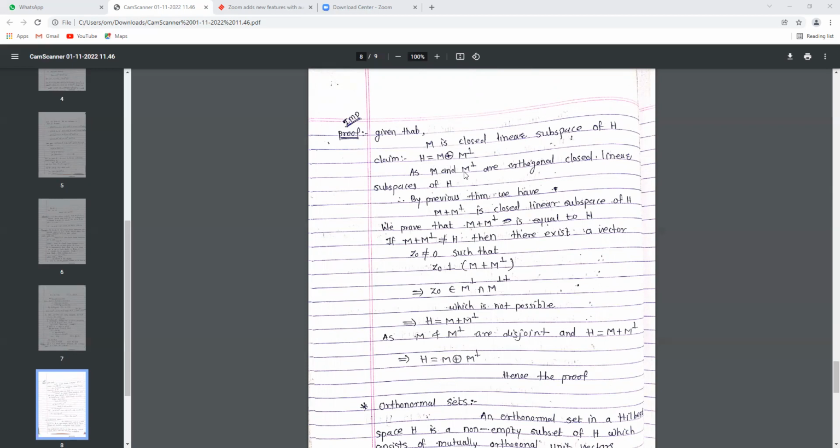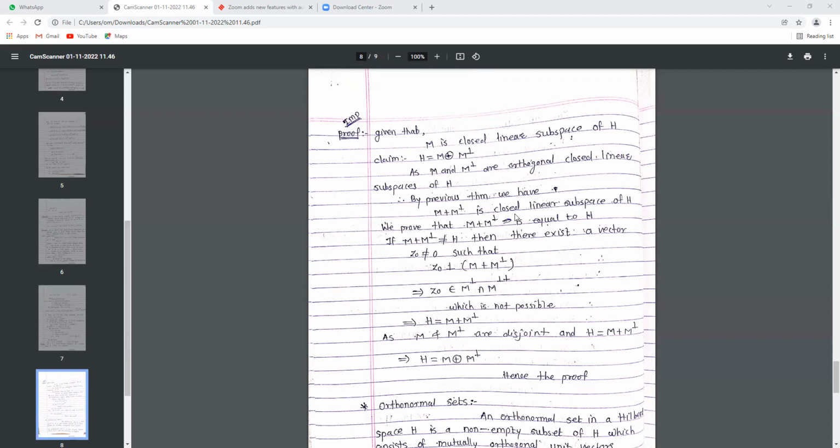As M and M perpendicular are orthogonal to each other and also closed linear subspaces of H, by the previous theorem M plus M perpendicular is a closed linear subspace. Why? Because we know that if we have a Hilbert space and two closed linear subspaces of that space, then their addition is also a closed linear subspace.